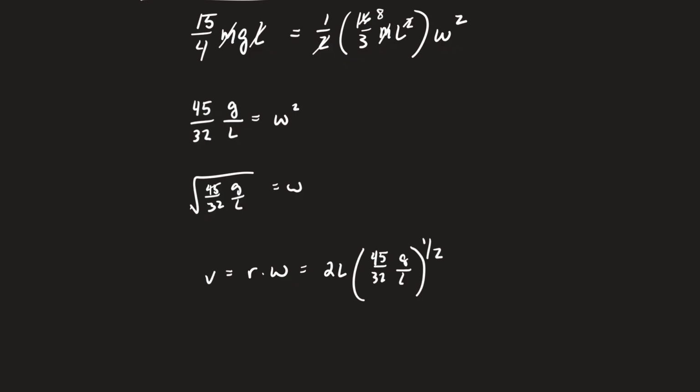You could put 4L squared inside there if you wanted, and that would simplify at least the L's, or maybe just drop the L inside there, because that'll just move this L from the denominator to the numerator. So that's kind of how I express the answer. On my paper, I did that. 45/32 gL. That's how fast the ball's going.